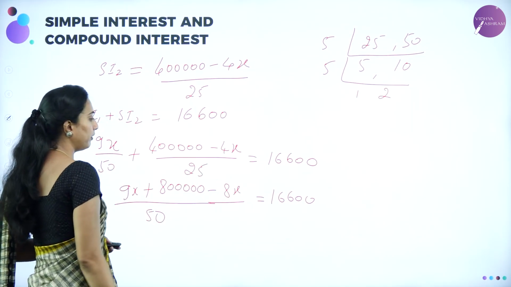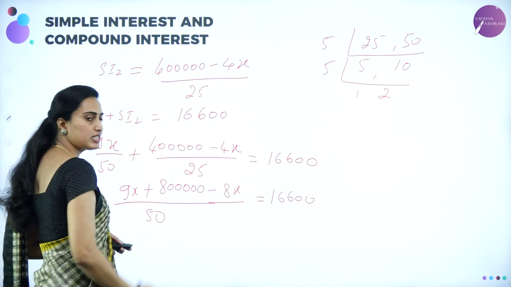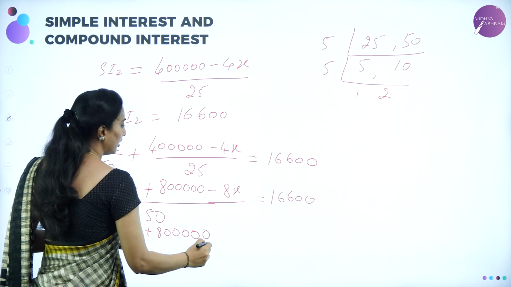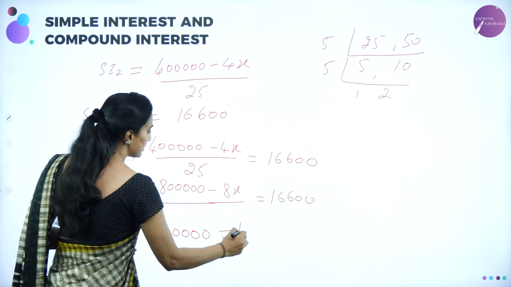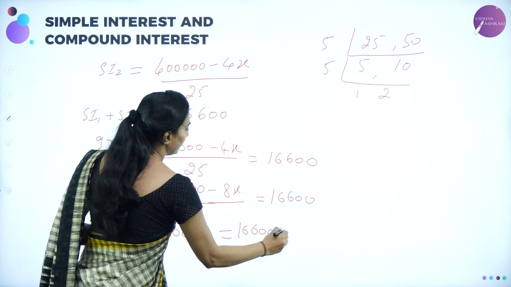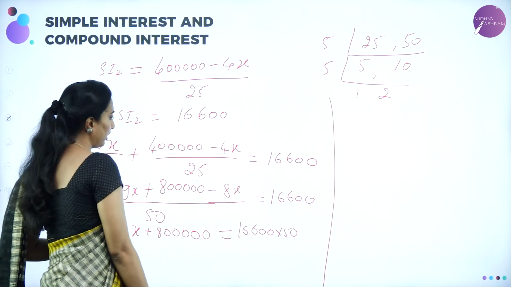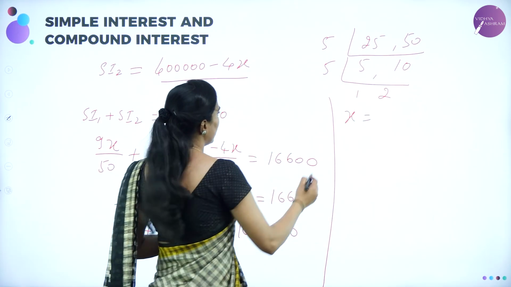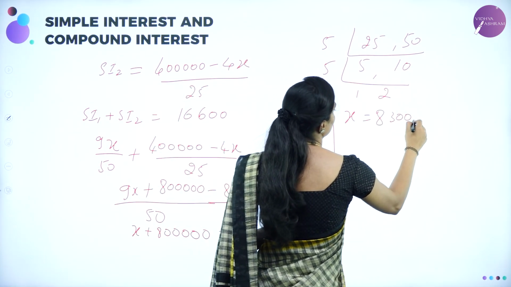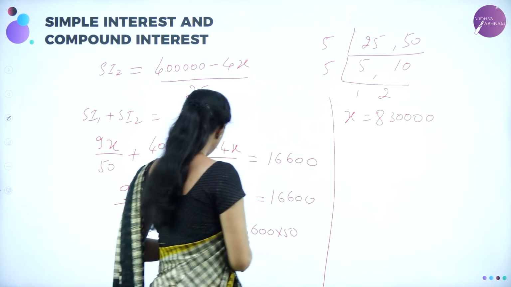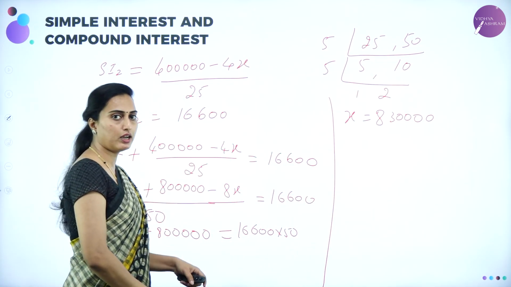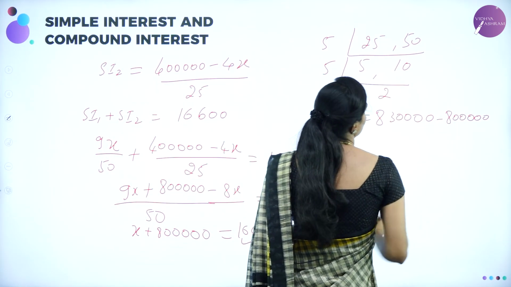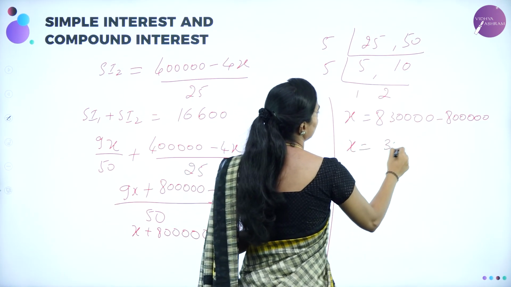Now cross multiply the 50. So 9x minus 8x is x plus 8 lakh is equal to 16,600 into 50, which is 8,30,000. Taking this 8 lakh to the other side, it becomes minus 8 lakh. So the answer is 30,000.